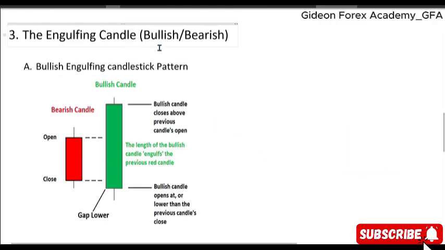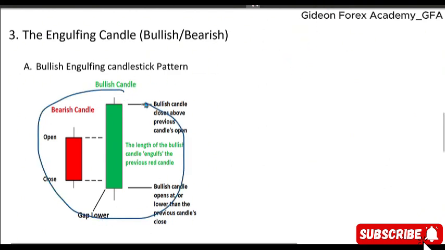All right, so the third one is the engulfing candle. There are 2 types of engulfing candlestick patterns. There is a bullish engulfing candlestick pattern, which we are going to start with, and then there is a bearish engulfing candlestick pattern. So the first one here is the bullish engulfing candlestick pattern. It looks more like this. So this pattern has 2 candles in it, unlike the previous ones which we have looked at as single candles.